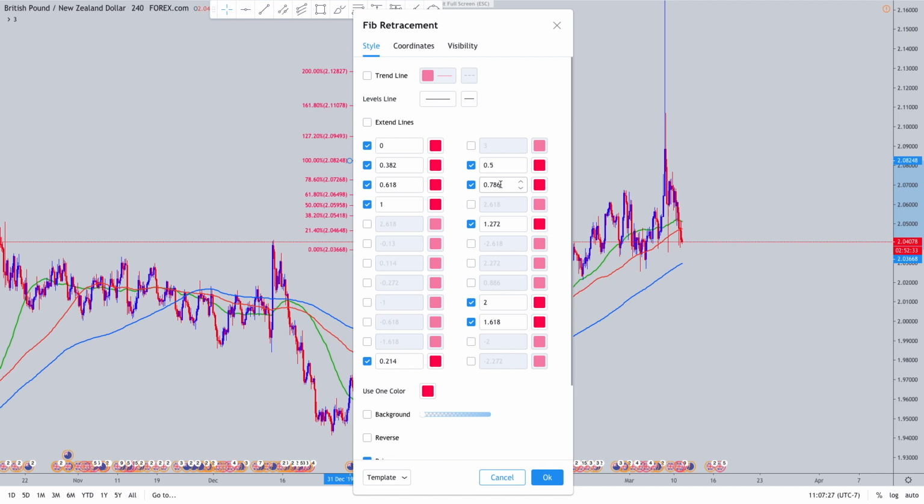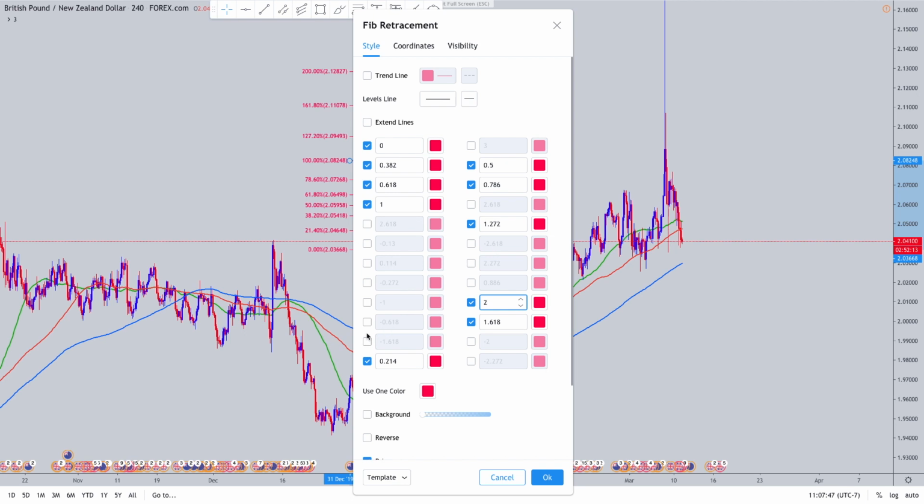However, they are still useful, so I put them on there. And then for the extension levels, I have the 1.272, 1.618, and 2. Some people like to go higher than 2 and keep going up till 3 and up till 4, but I don't really find any use for that, so I don't do that.